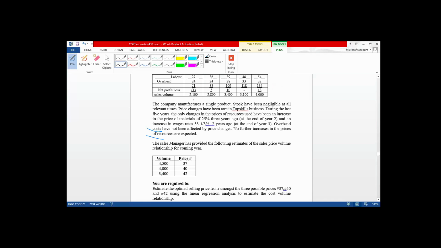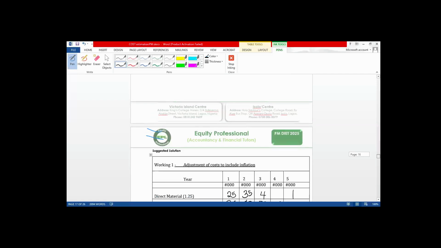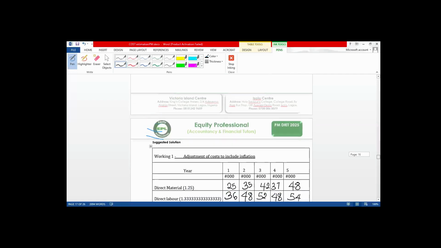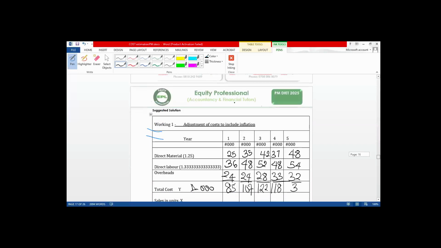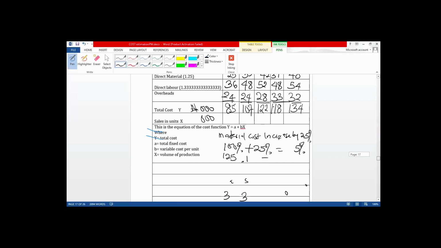If I divide 2,100 by 1,000, that will give me 2.1, 2.8, 3.4, 3.1, 4.0.